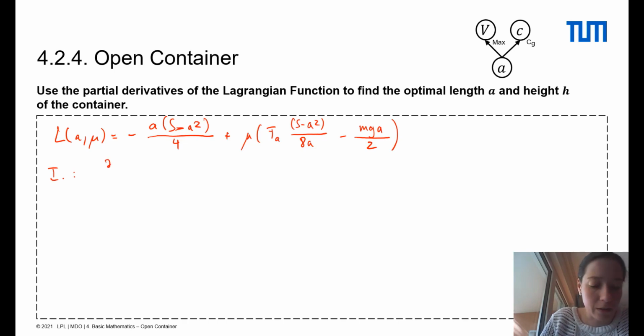So first let's build the partial derivatives with respect to our design variable and also with respect to mu.